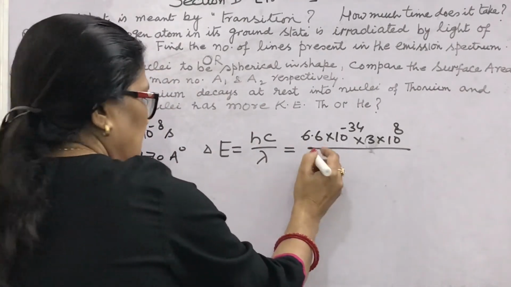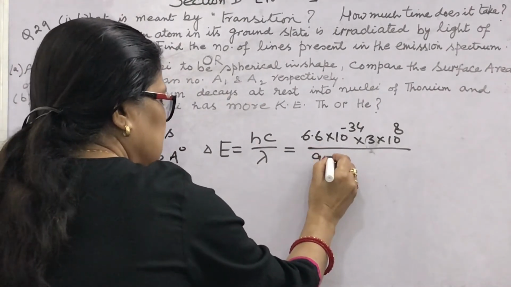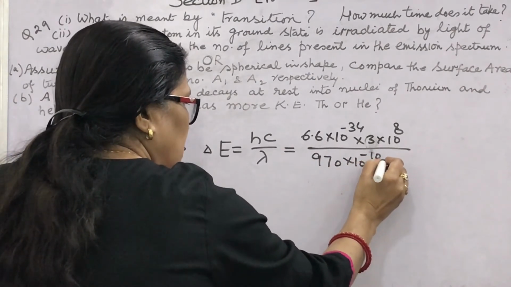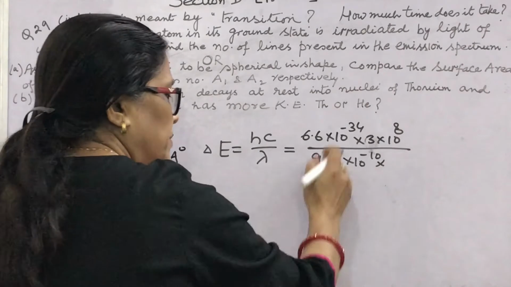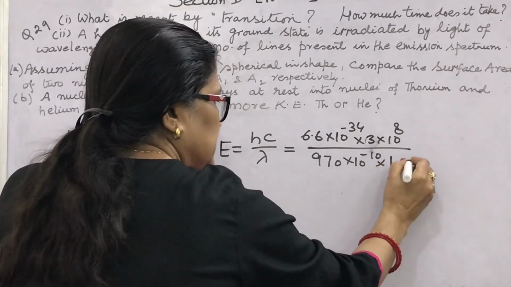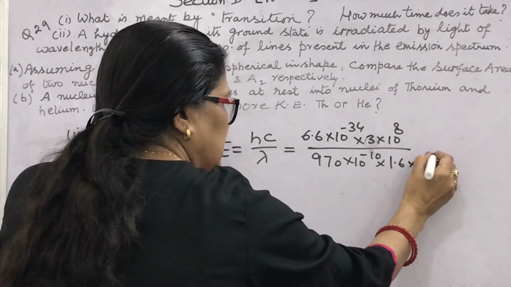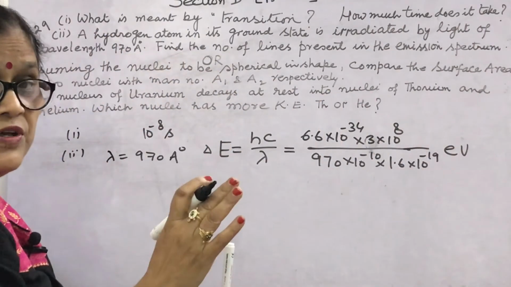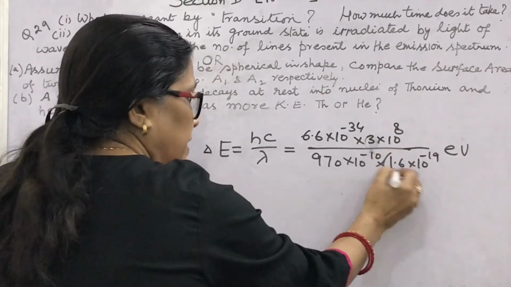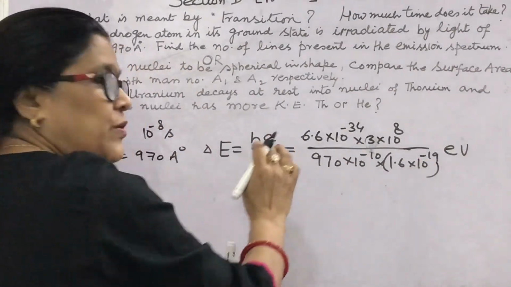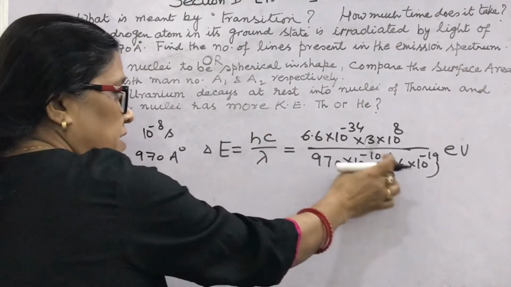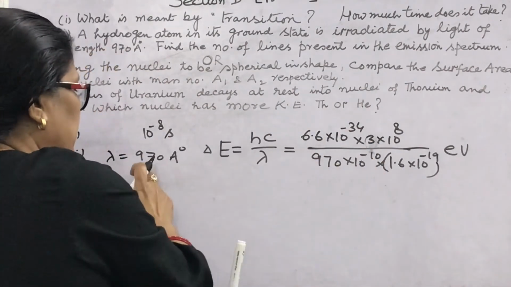So write lambda as 970 into 10 to the power minus 10, and divide by 1.6 into 10 to the power minus 19, so that you get the answer in eV. If you don't divide by this, you get hc upon lambda in joules. So you can get delta E in eV by putting in this value.